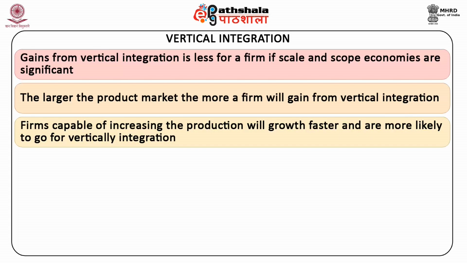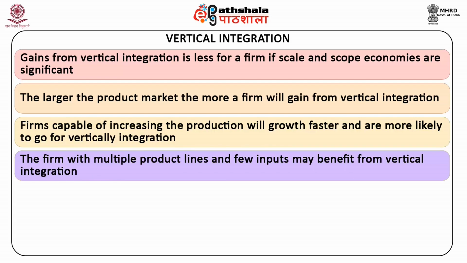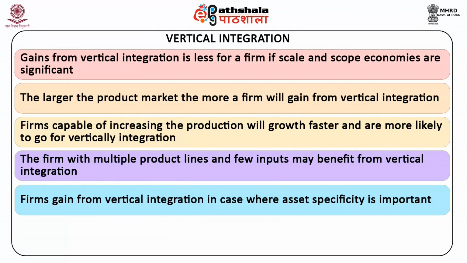Third, the firms capable of increasing the production will grow faster and are more likely to go for vertical integration. Next, the firm with multiple product lines and few inputs may benefit from vertical integration.